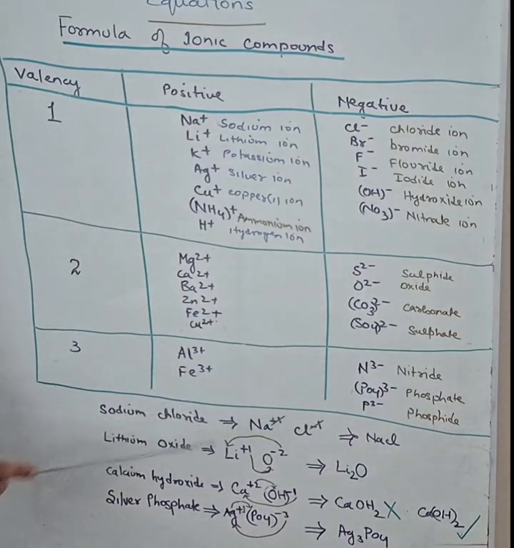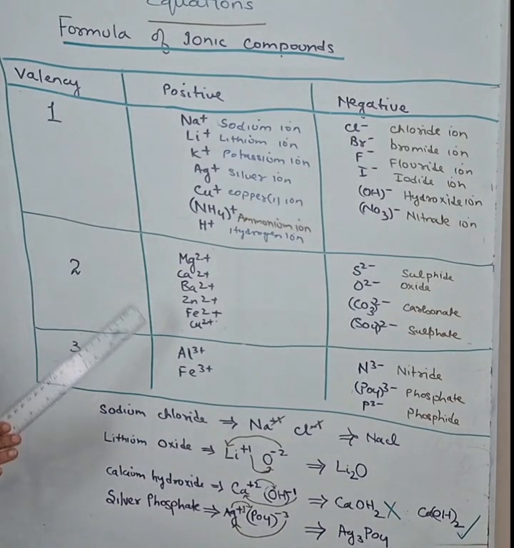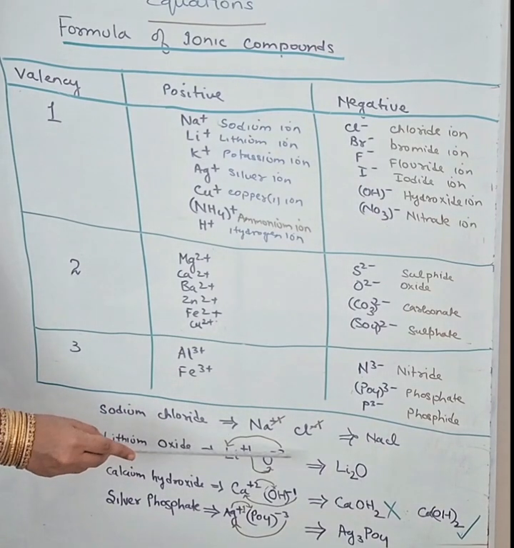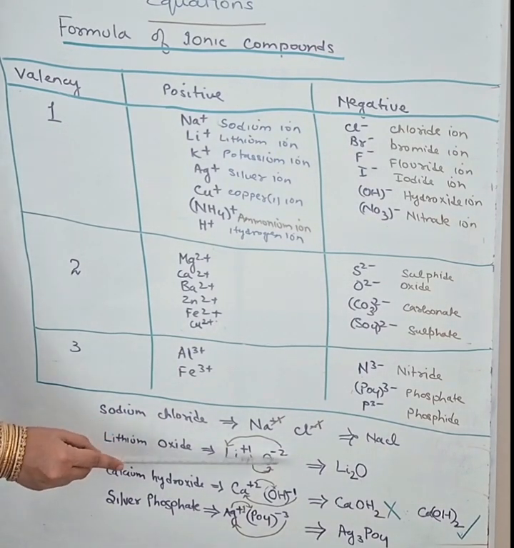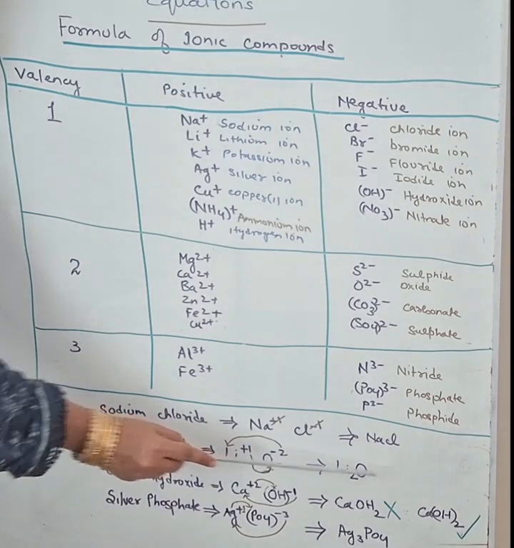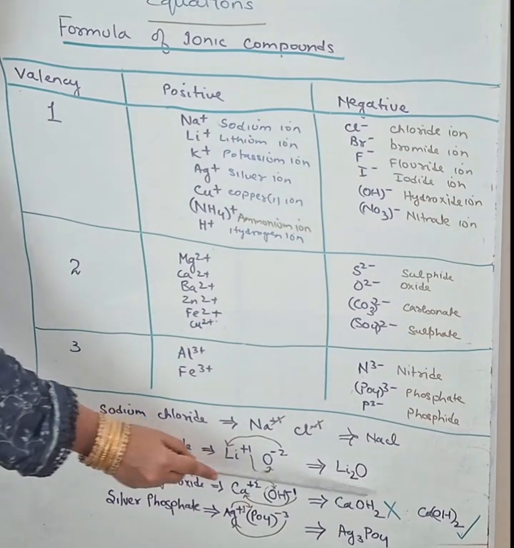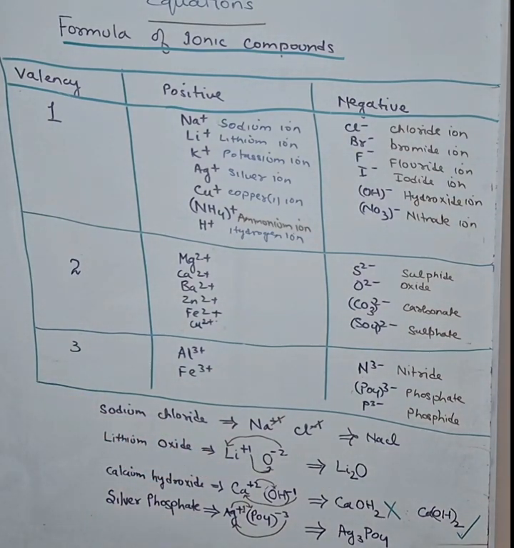If you understand this concept, this arrow, then formula making will be very easy for you. You will only exchange the valency. Lithium is 2 because the valency of oxygen is 2. Oxygen is 1 because the valency of lithium is 1. So the formula of lithium oxide will be Li2O.